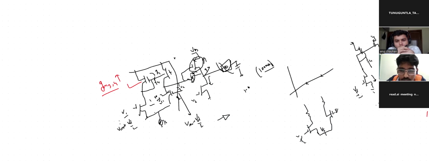Due to this voltage, a gm VGS current will flow in this direction, and a gm VGS current in this direction. Applying KCL at this node, if we consider ideal gms for both transistors, VGS1 is equal to VGS2. So VD by 2 minus Vs is equal to minus VD by 2 minus Vs.